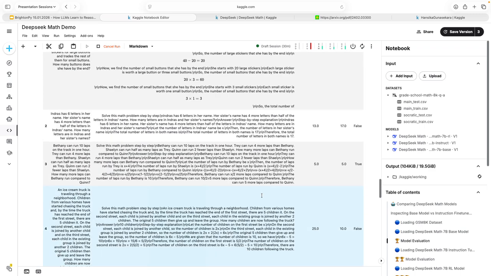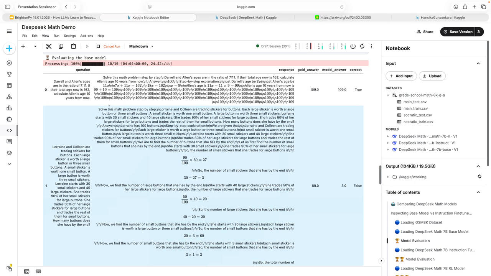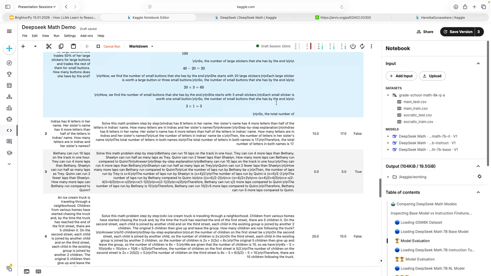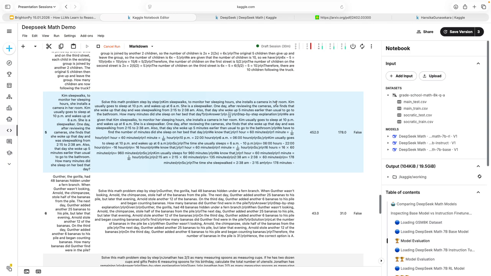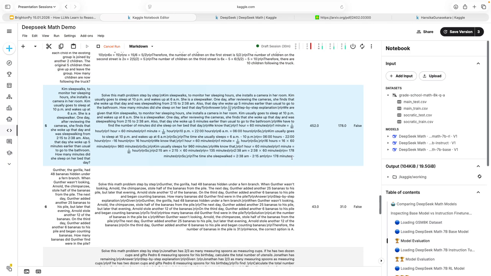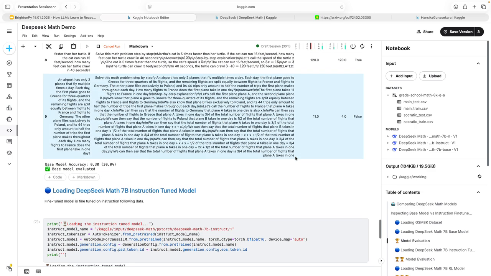If we look at the responses from the base model, you can see that inside the response text there are a lot of unnecessary, repeating characters. The mathematical solution the model has provided is not structured.